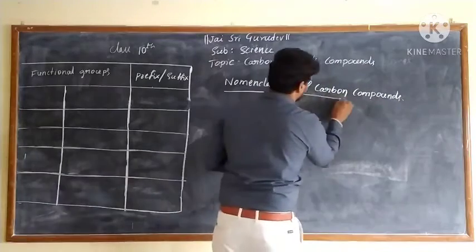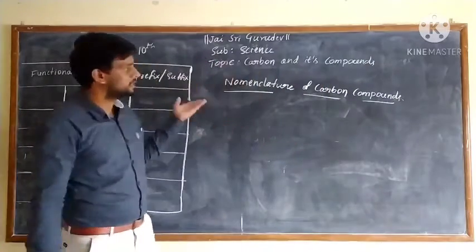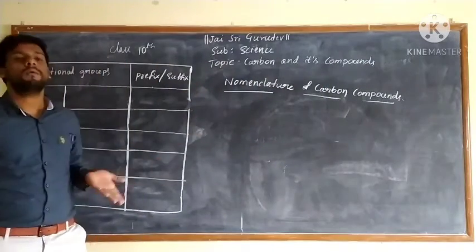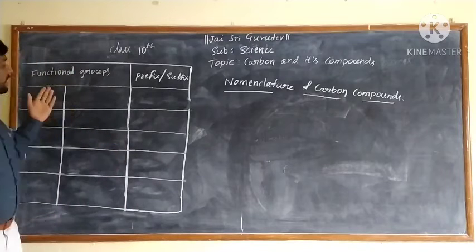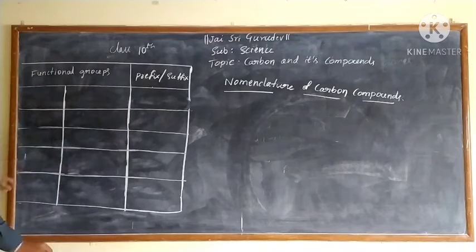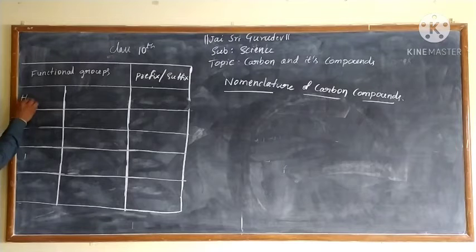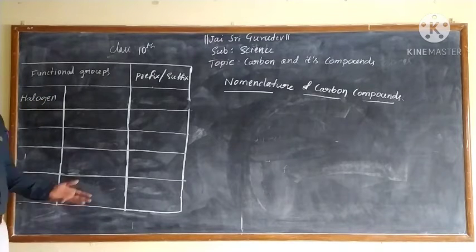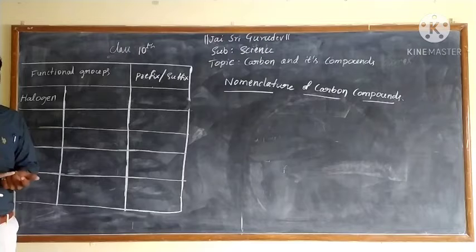Before going to study about the nomenclature of carbon compounds, let's recall the functional groups and their suffix and prefix. First, take the functional group of halogens. Examples of halogens: chlorine, bromine, fluorine, iodine.